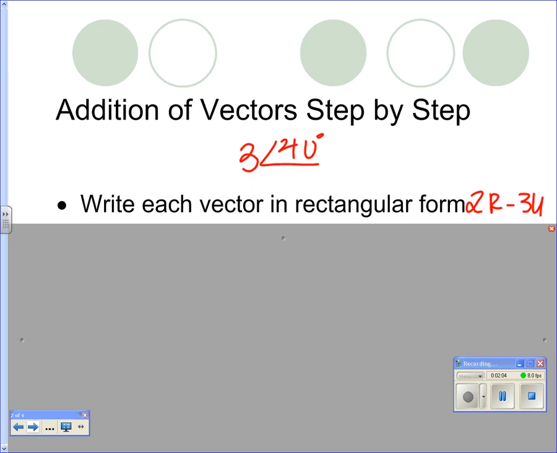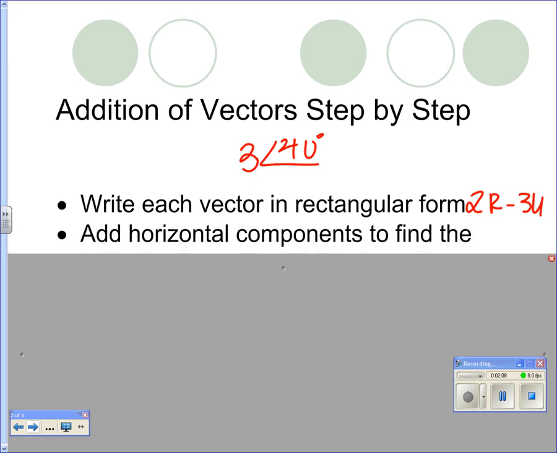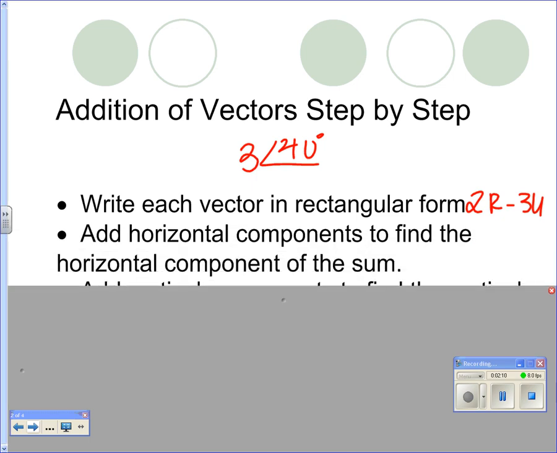Does that make sense? Okay. You're going to add the horizontal components to get the sum of the horizontal components. Is your R or your U the horizontal part?